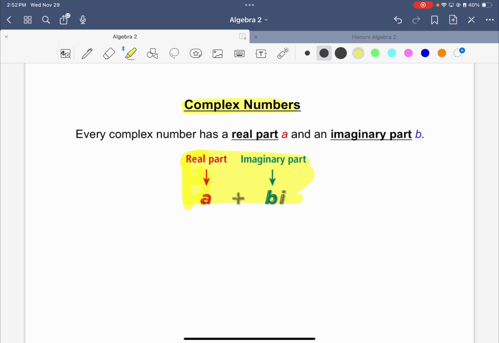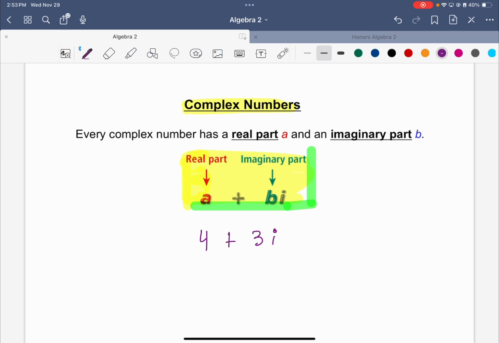Am I going to count it wrong? No. Hey, be nice to me once and write it in that form because it makes things faster for me when I'm checking things. But I'm not going to get hung up if it's not that way. Okay, but realistically, we like to have it a real part and an imaginary part. So you're looking something like 4 plus 3i. That's what we call a complex number. Okay, it's made up of a real part and an imaginary part.